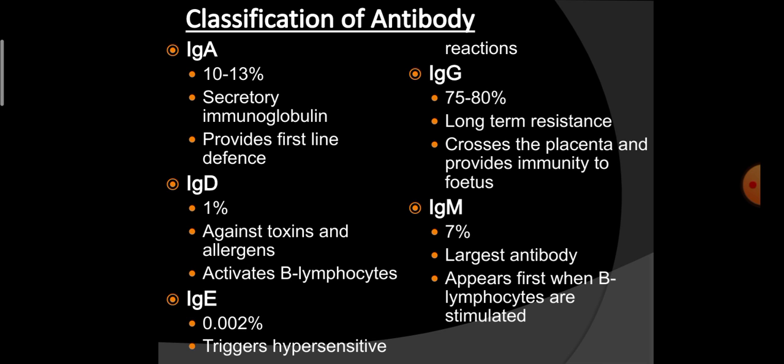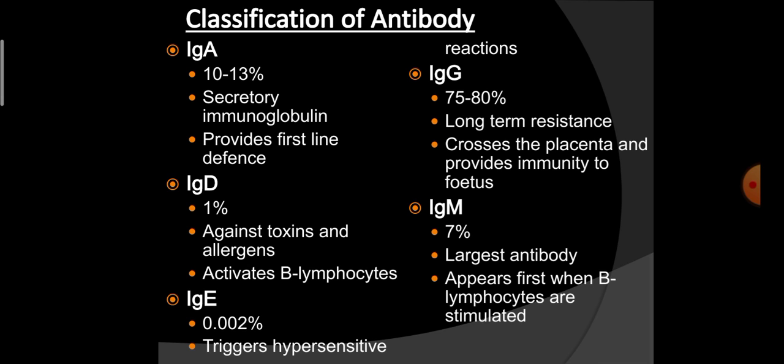It is called secretory immunoglobulin because it is present in all the body secretions: tears, urine, saliva, seminal fluid, mother's secretion, colostrum. Colostrum is the first milk produced after delivery for the child, so that also gives immunity to the child. It provides the first line of defense.